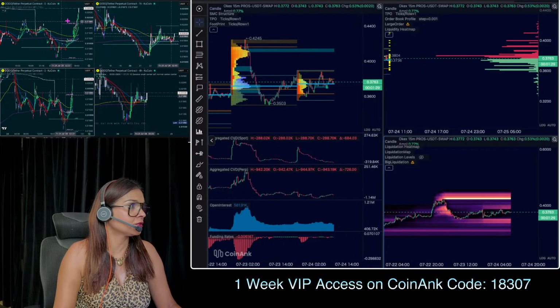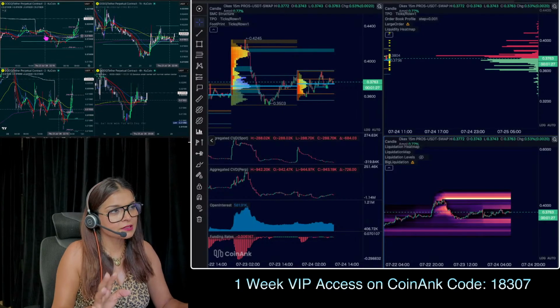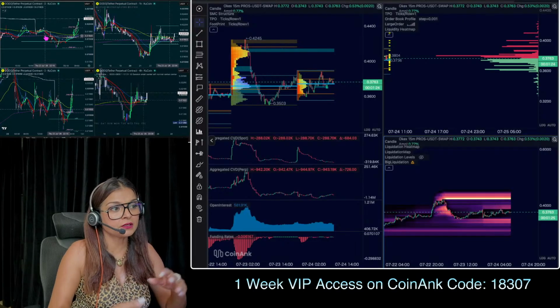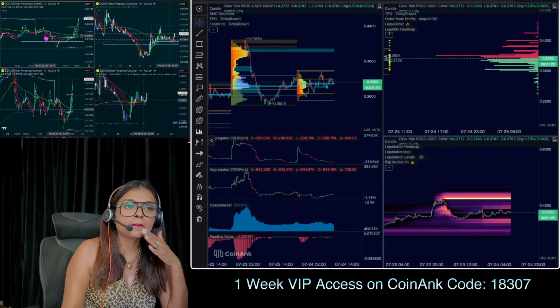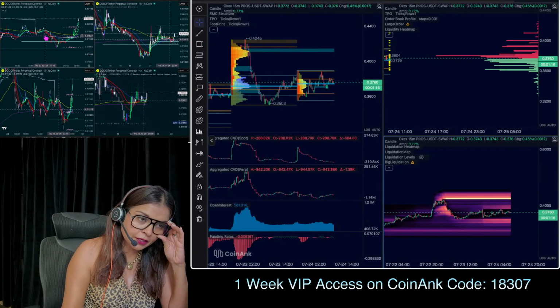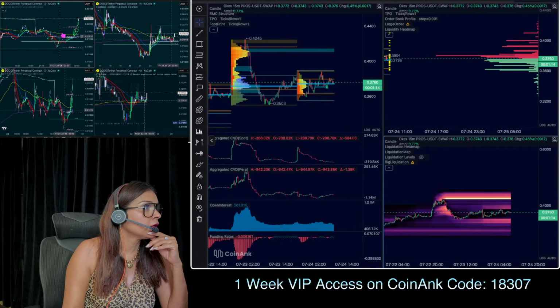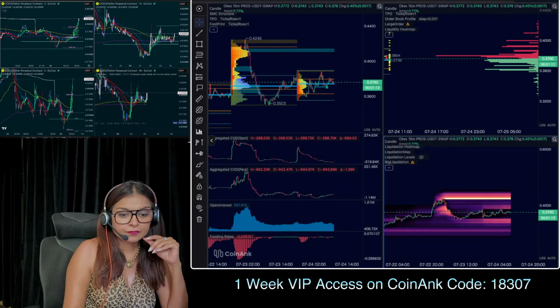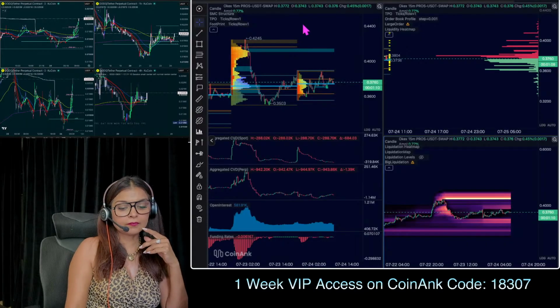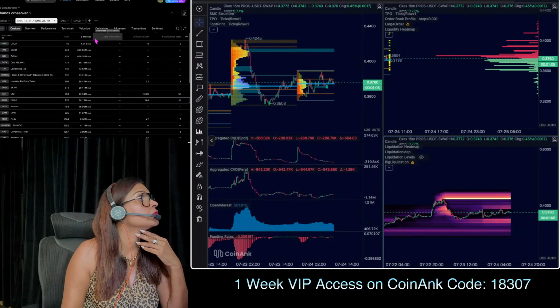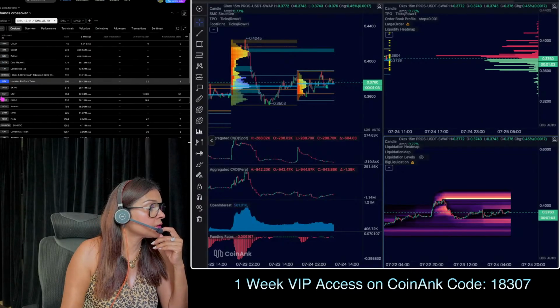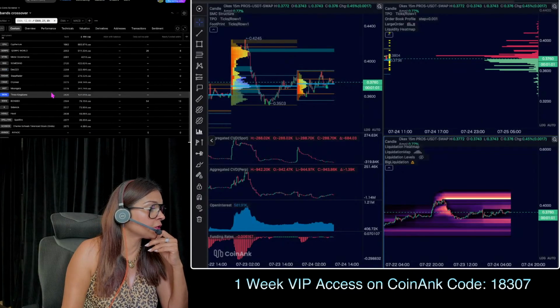I don't know what DODO is, so I like to stick to the bigger tokens, especially the bigger ones with institutional backing. But lower market cap, okay? So let's close this. All right, let's see here. So that is how you can find your setups.